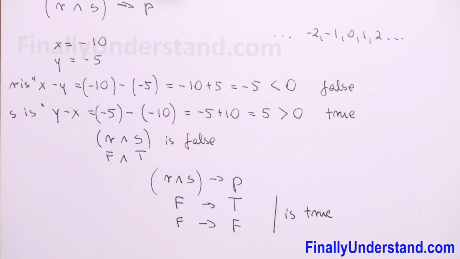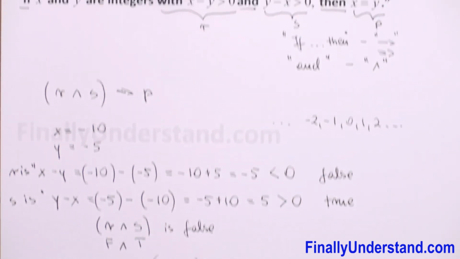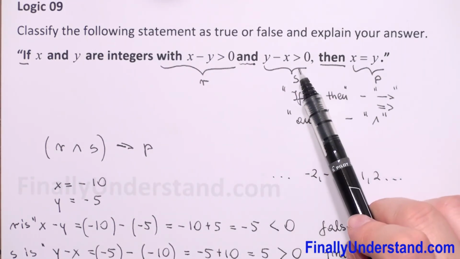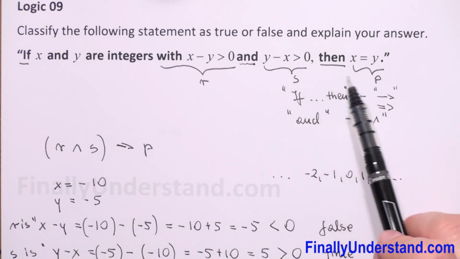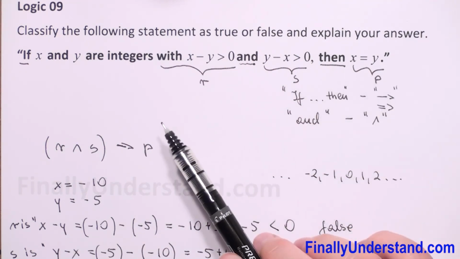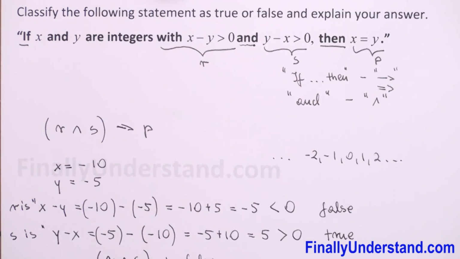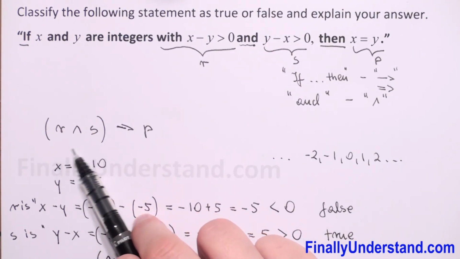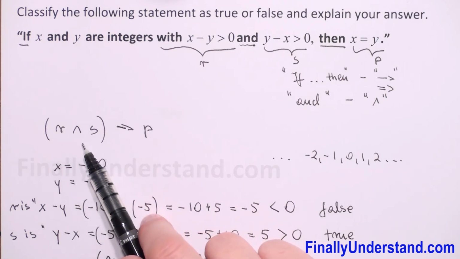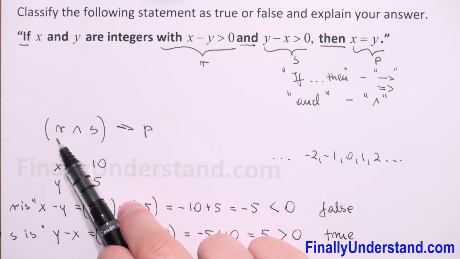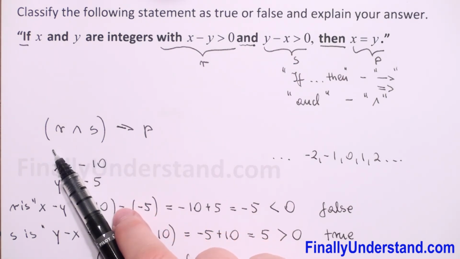So our statement, if x and y are integers with x minus y greater than 0 and y minus x greater than 0, then x equals y, is a true statement. And what else can we say? We know that a conjunction is true only when both statements are true.